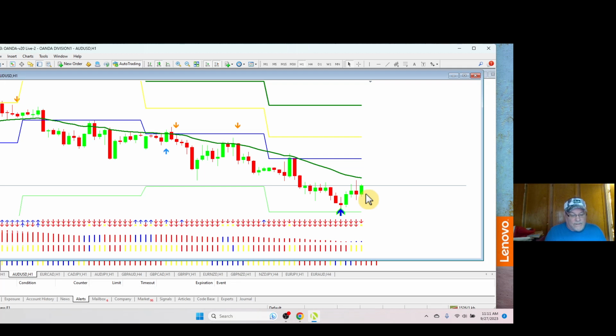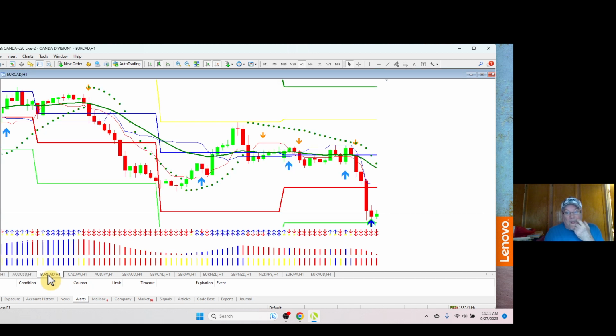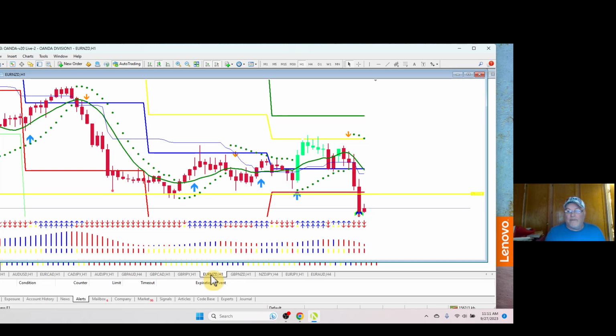Let's check and see how these are doing. That's the Aussie dollar, the Euro CAD, and the Euro New Zealand. So I lost $8 today.